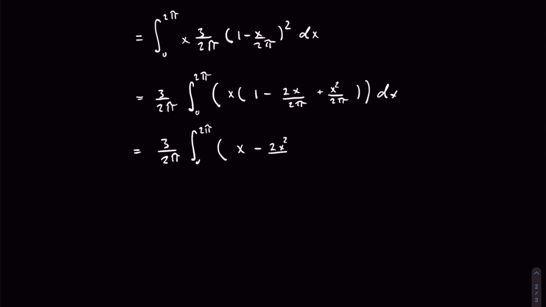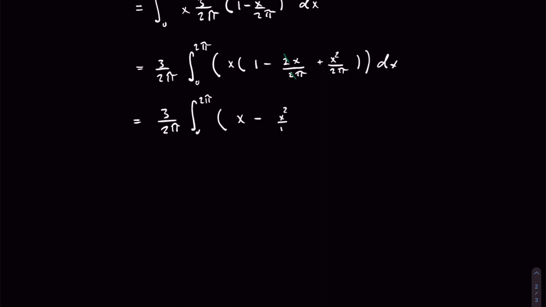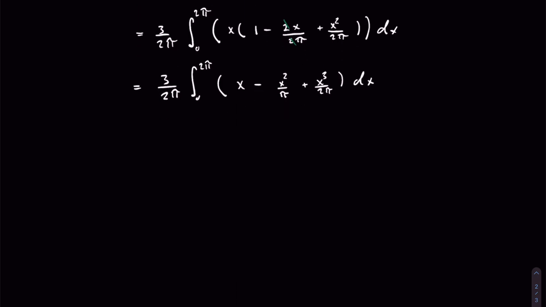I'm going to delete, factor out the 2's there, so we end up with a pi. And then we have x cubed over 2 pi dx. Okay.